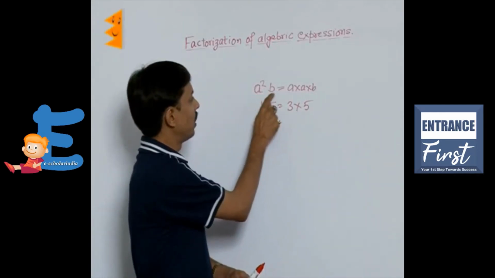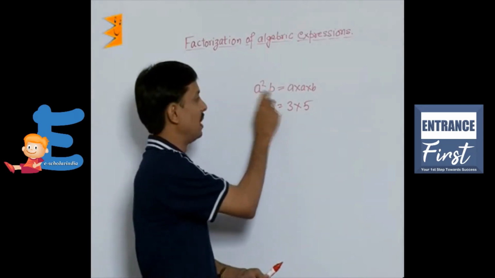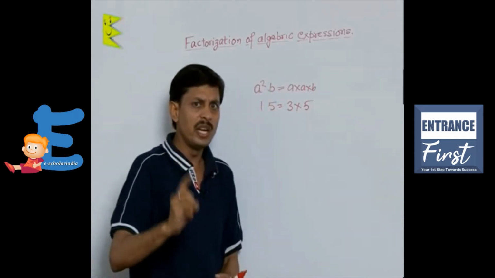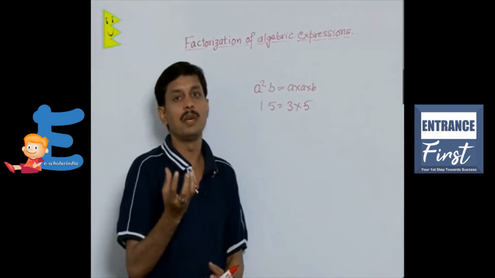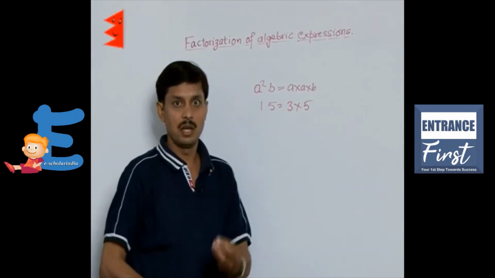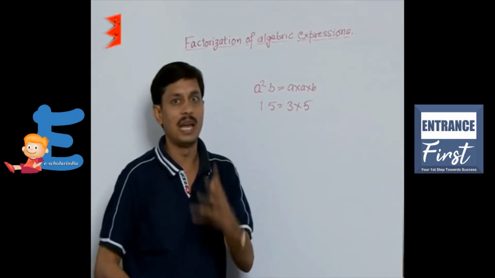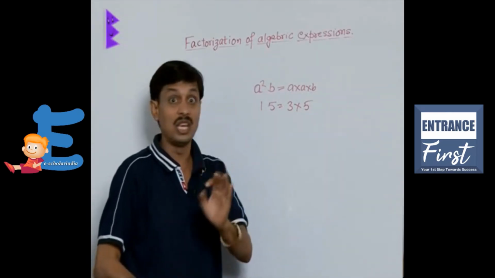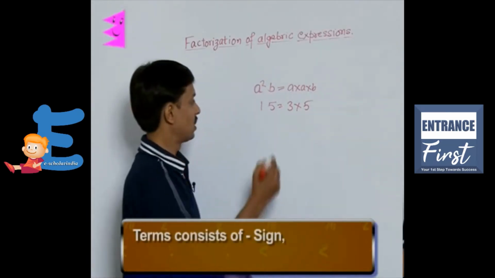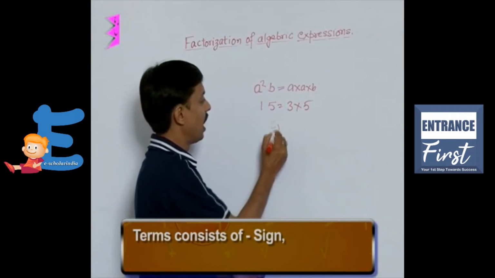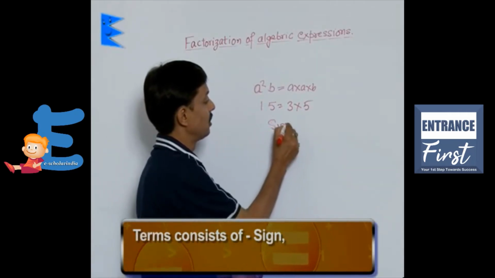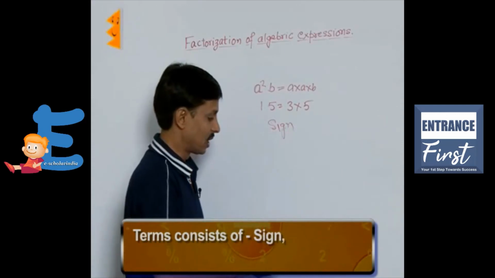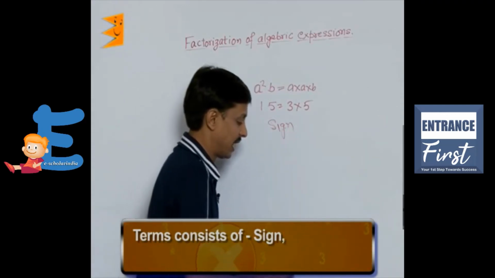As in a square b, a is a variable and b is a variable. Every term is the basic elementary need of algebra, and every term always has four things. First is the sign. Whatever the term, it always has a sign.